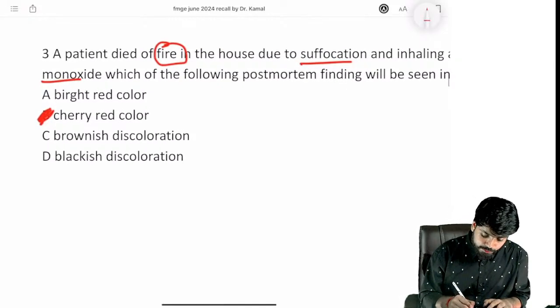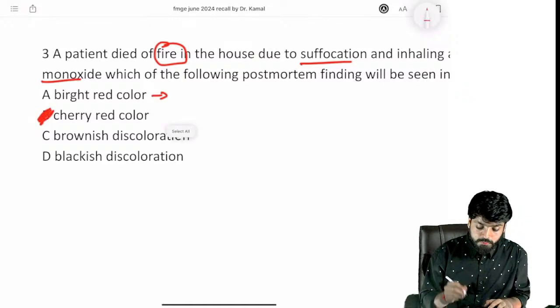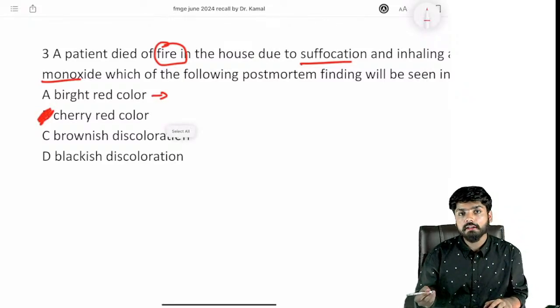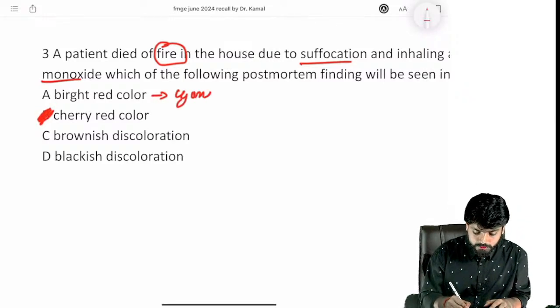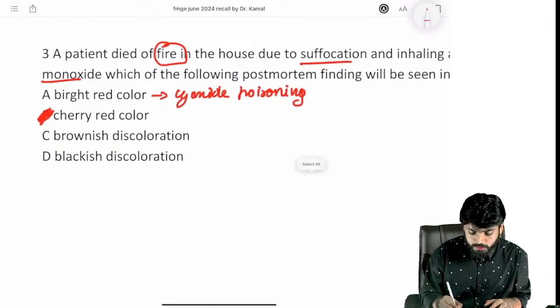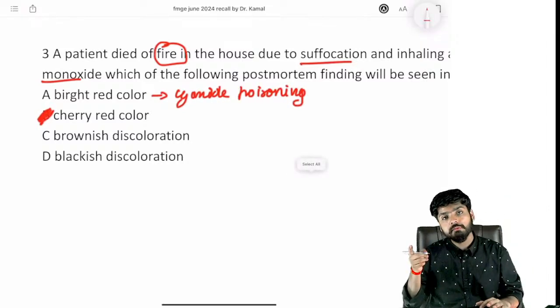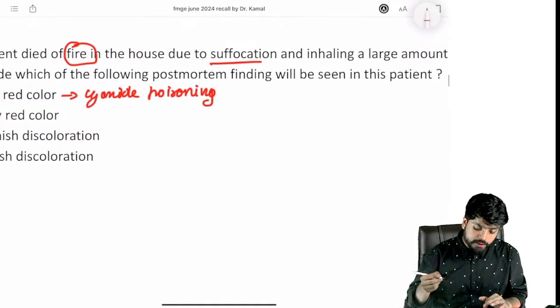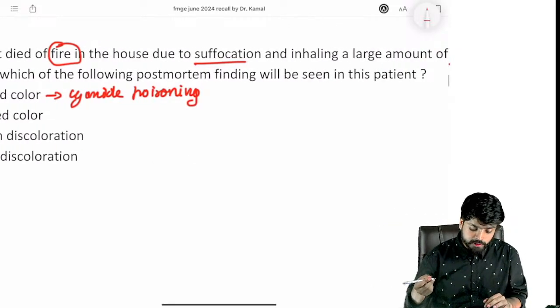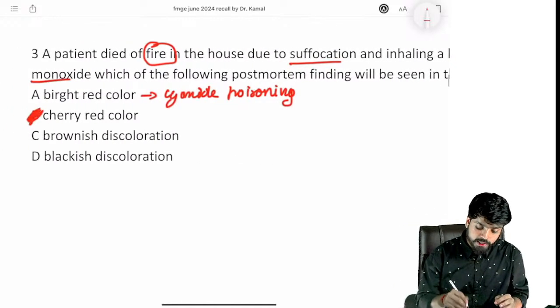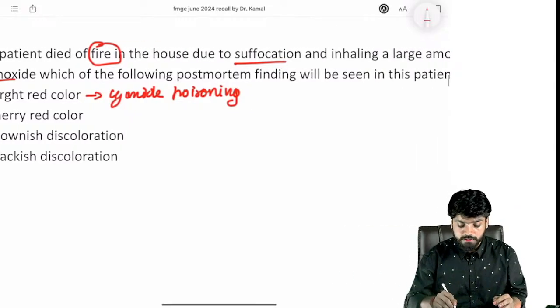What about the other option? Bright red color or brick red color is seen in cyanide poisoning. Try to remember as many things as we can about cyanide. Brick red color or bright red color will be seen in cyanide poisoning.